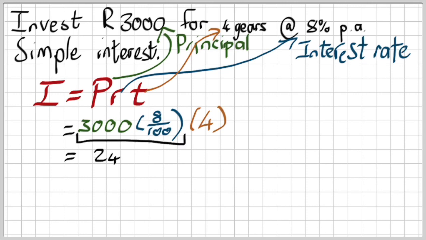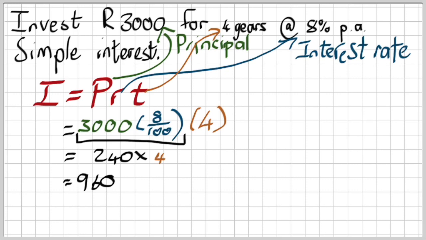Now, if I calculate this step by step, that 3,000 times by 8% gives me 240. Doesn't it look familiar? That was my interest for every year. And for how many years am I going to earn interest? For 4 years.